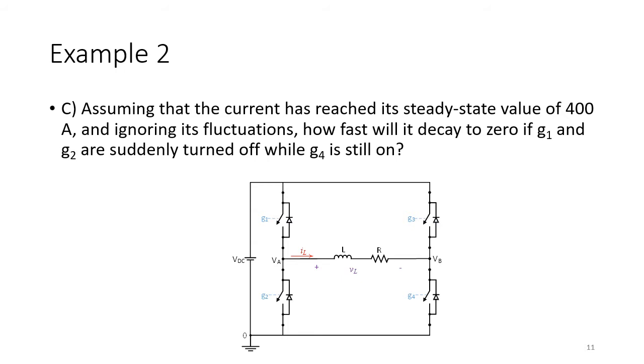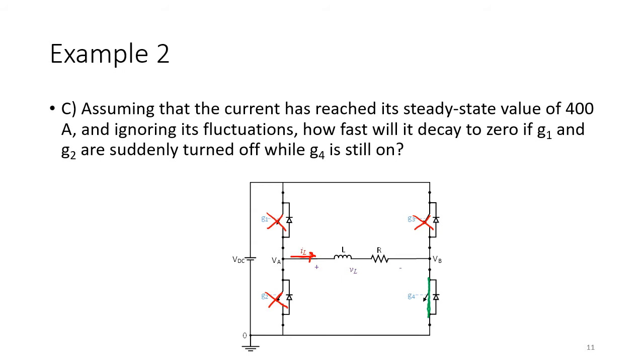So we have this current in this direction at a steady state of 400 ampere. Then we turn off these two switches. G3 was also off before that, but we keep G4 on.